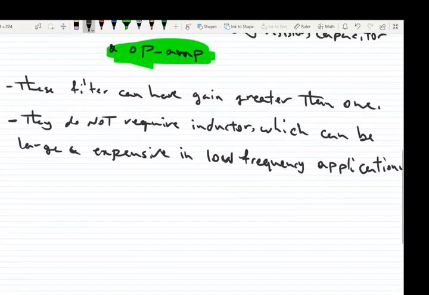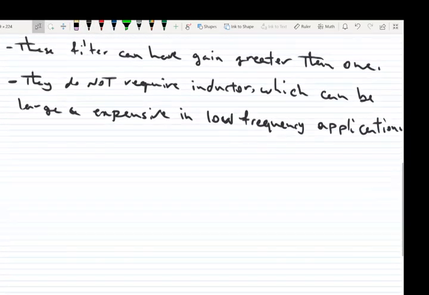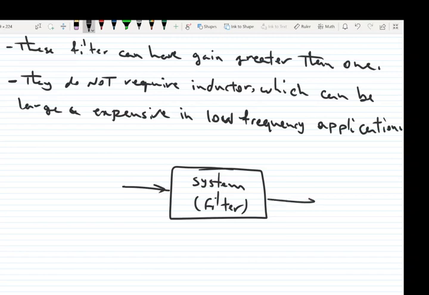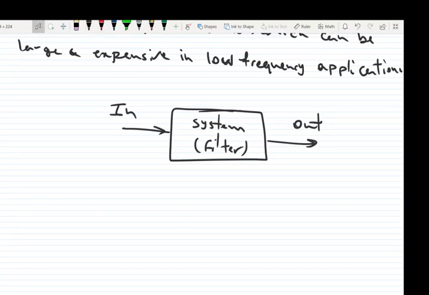Any system, let's say this one is a filter, or any system, has input and output. And the ratio of output to input is called the transfer function.